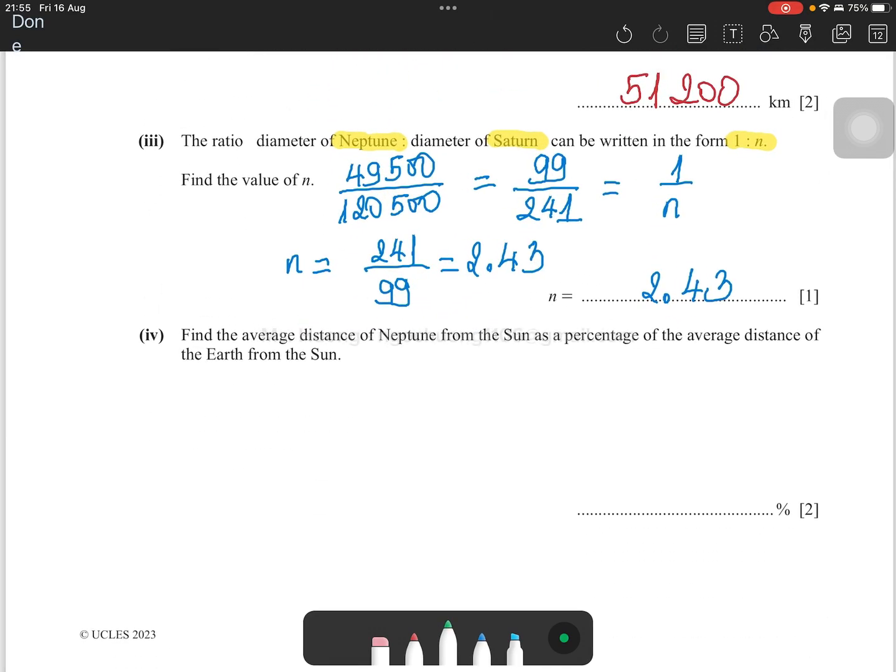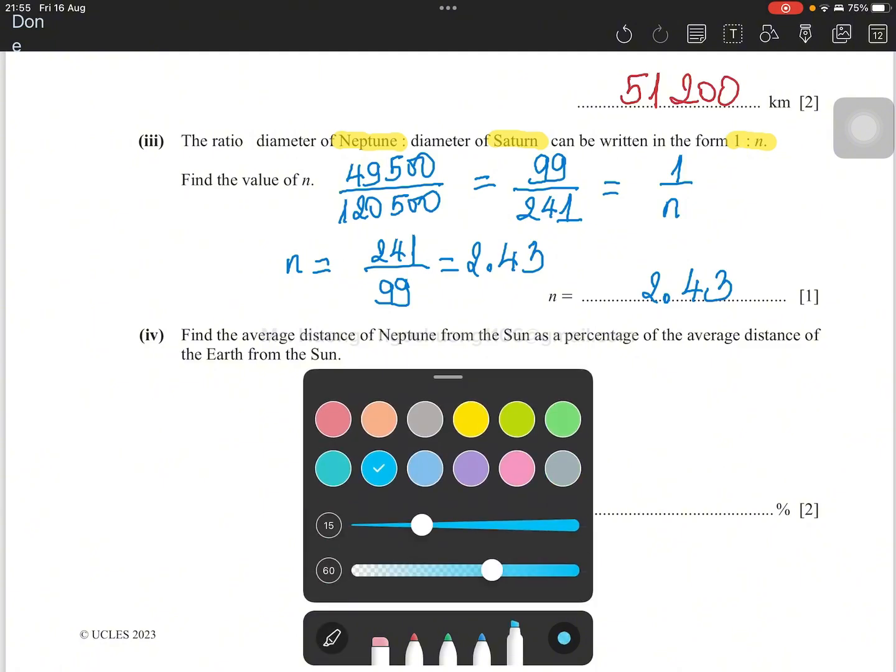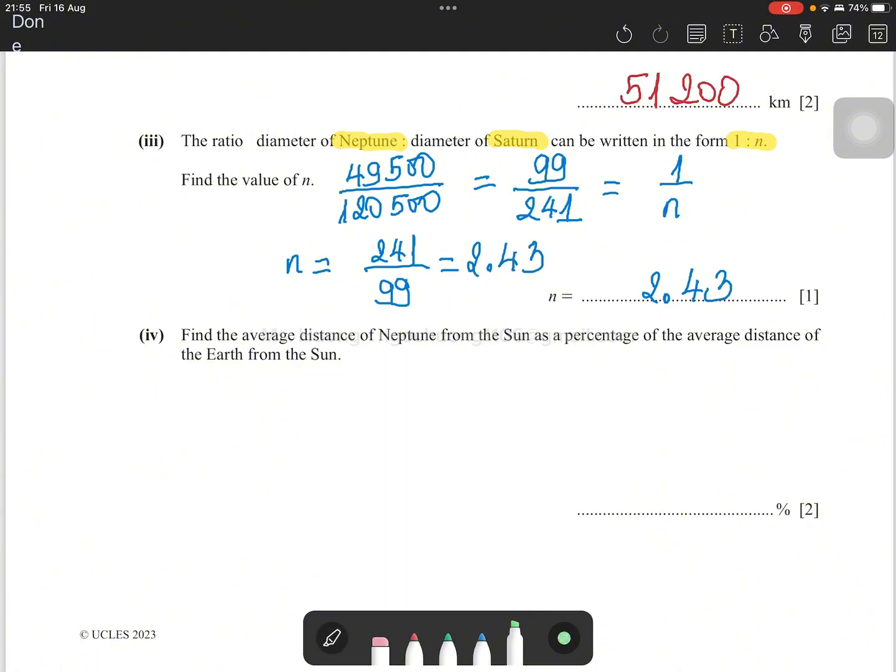Fourth question. Find the average distance of Neptune from the Sun as a percentage of the average distance of the Earth from the Sun. So in this case, we compare Neptune and the Earth, and we need to look at the column of the average distance.